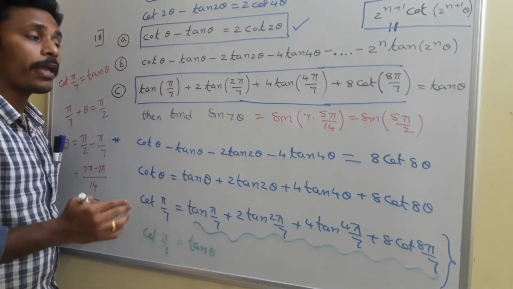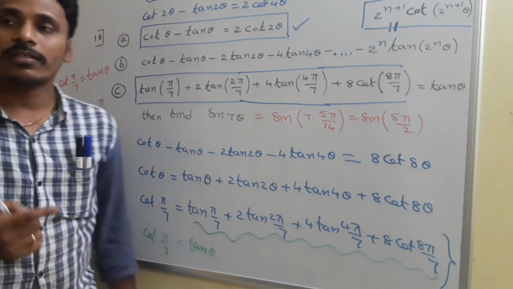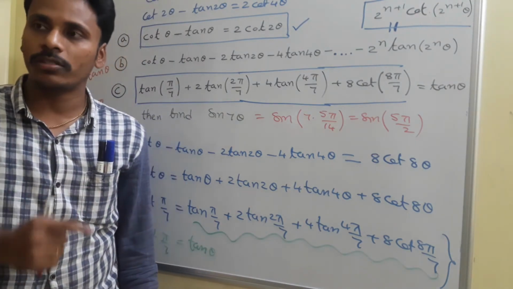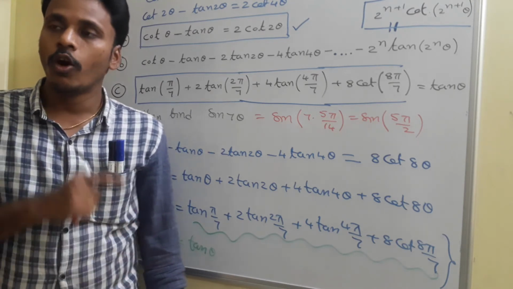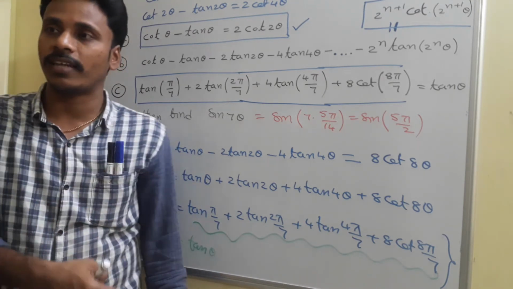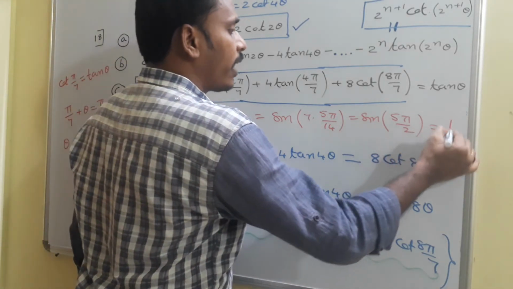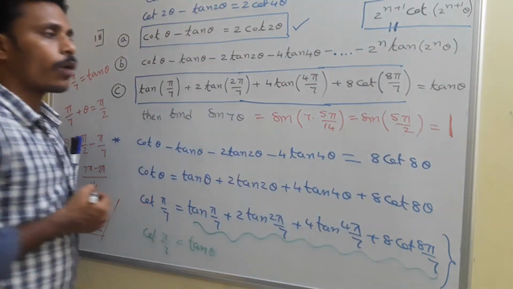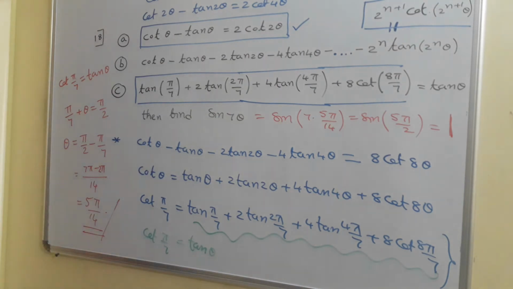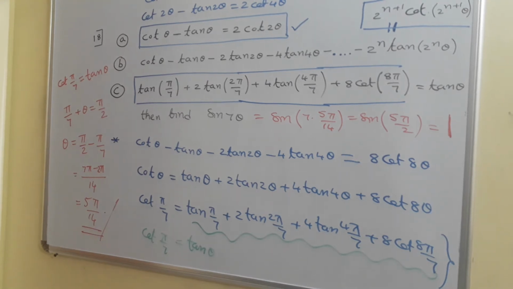Now what is the value of sine 5 pi by 2? Pi by 2 is 90, 5 times that is 450. 450 is 360 plus 90. After 360, we are running 90 more, and sine 90 degrees is 1. So your answer is 1 for this problem, not 0. I just mentioned your mistake there, and if you correct it, your answer is 1 and not 0.